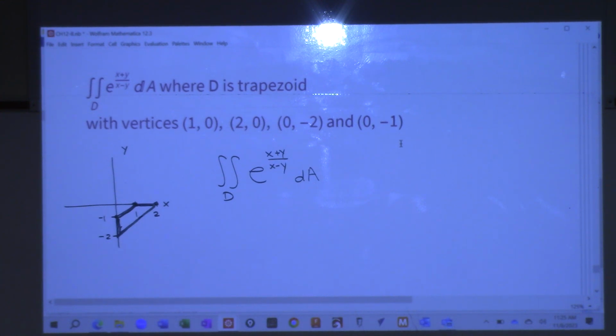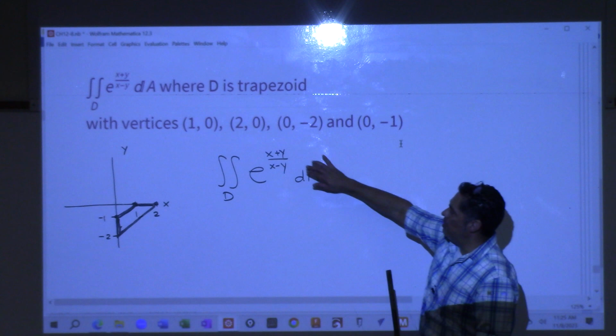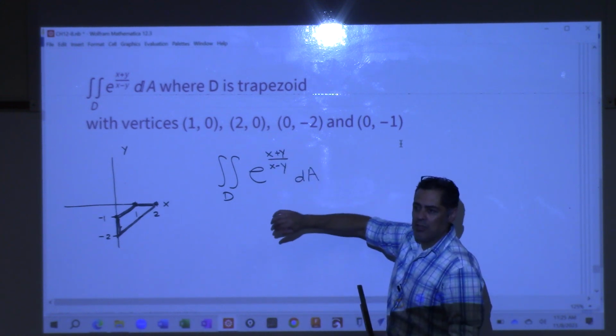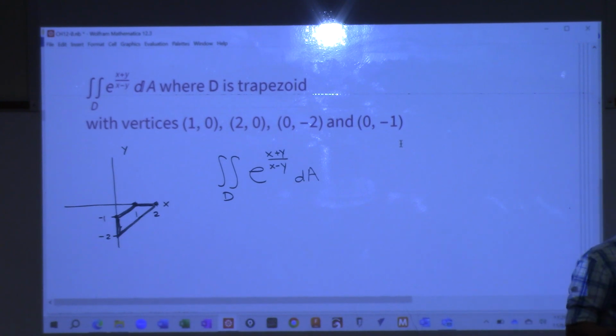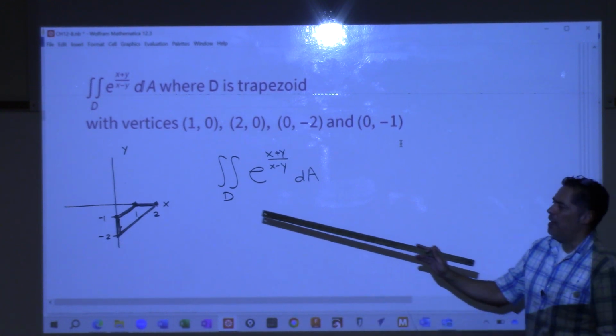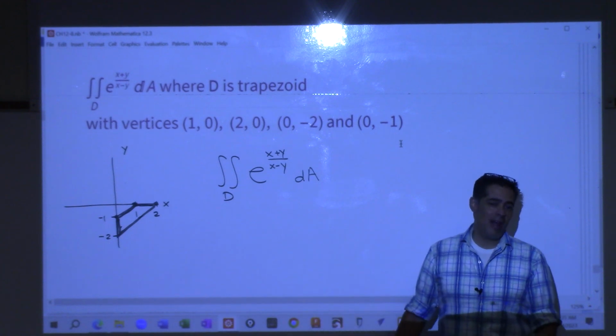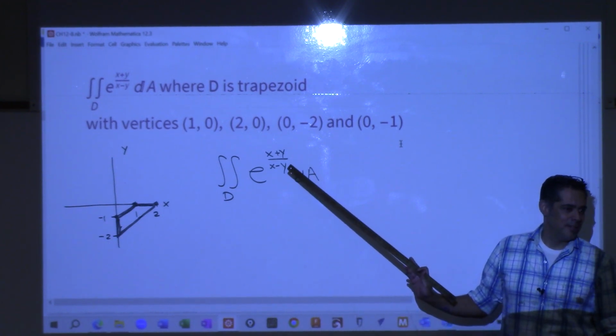If you try and do that with respect to x, you have x's both in the numerator and denominator here. With respect to y, it's in numerator and denominator as well. There's not an easy way to integrate this. So in this problem, the thing that's making me think more change of variables isn't the fact that I want to make that a nice region. It's that I can't integrate this.